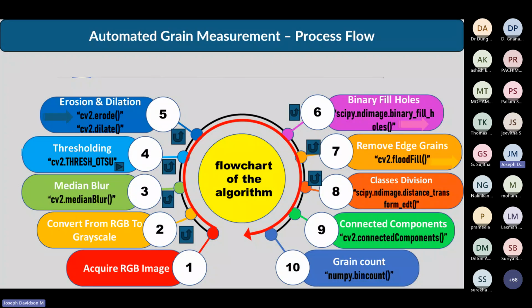There are a few methods: OTSU, contrast limited adaptive histogram equalization, like that there are a few methods. So I will do a thresholding. Once the thresholding is done, the microstructure will clearly show which is the grain and which is the background, okay? But sometimes it may not.